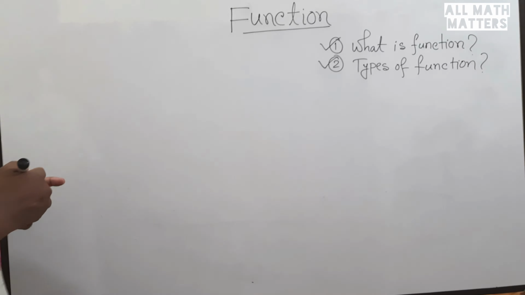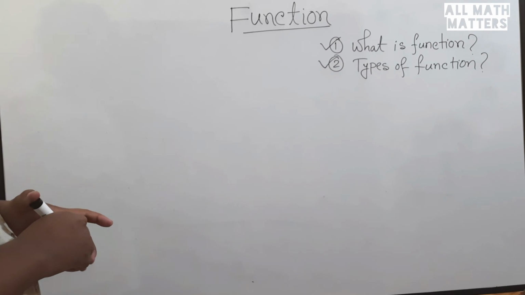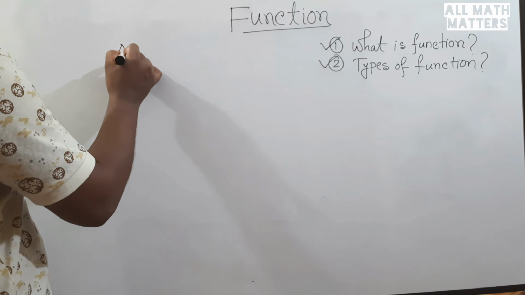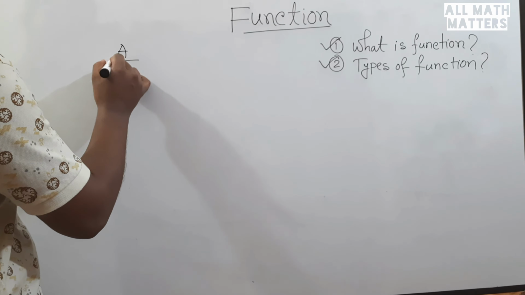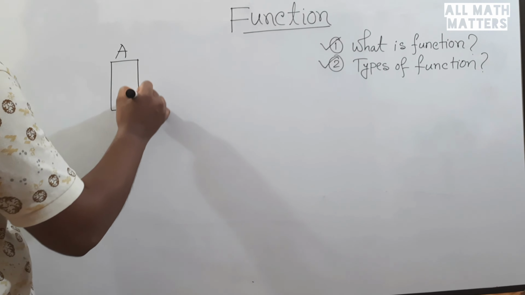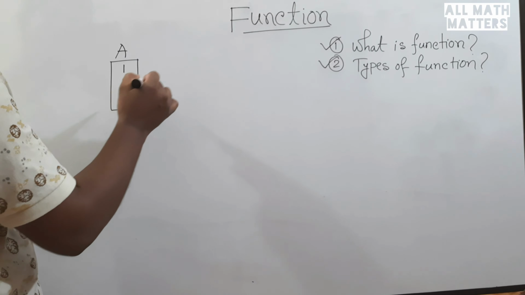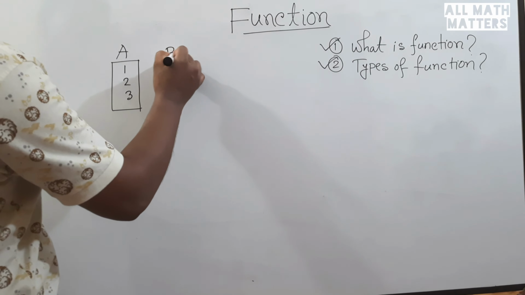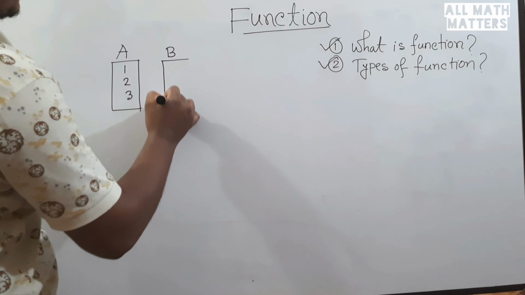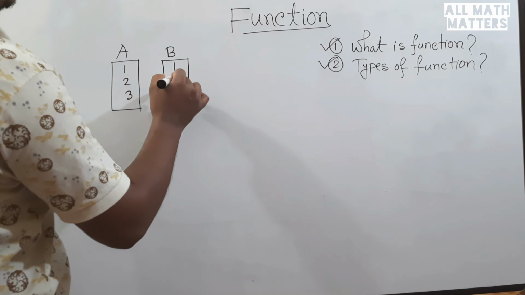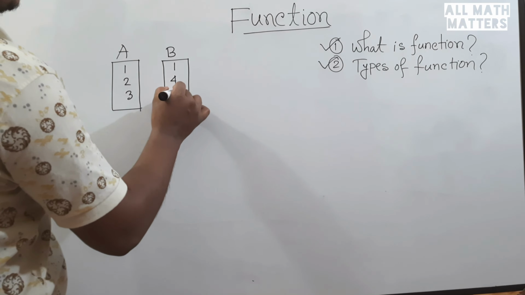So actually, function means the relation between two sets. If we consider one set A, and the elements of set A are 1, 2 and 3, and another set B, the elements of set B are 1, 4, 9.